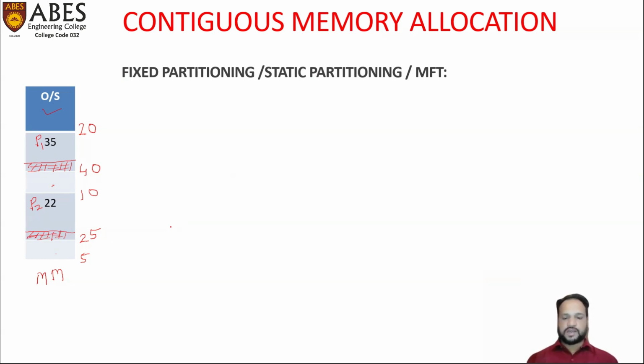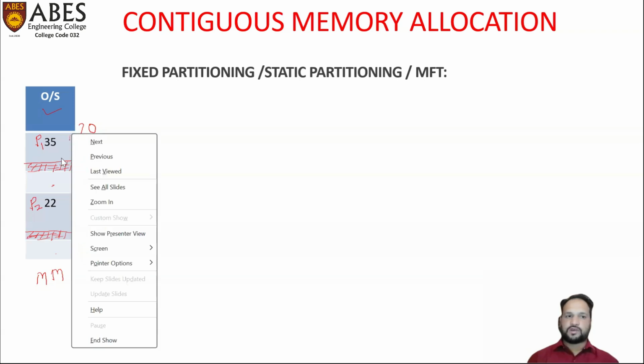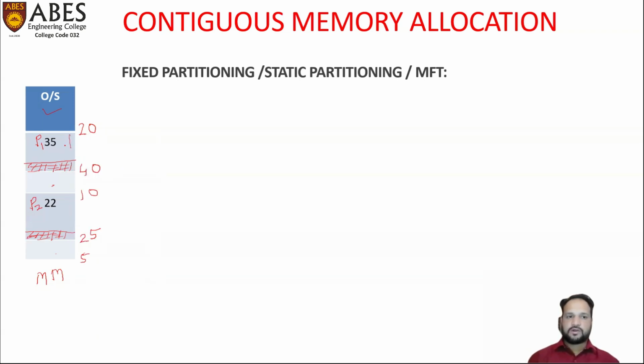It is also known as static partitioning, and the boundaries of partitions are fixed, meaning that this first part is of 20 MB, so this cannot be further increased or decreased, and this cannot be moved. This is also known as MFT, meaning multiprogramming with a fixed number of tasks.